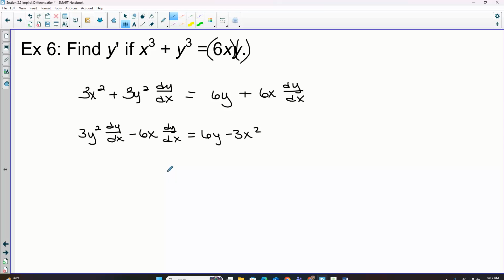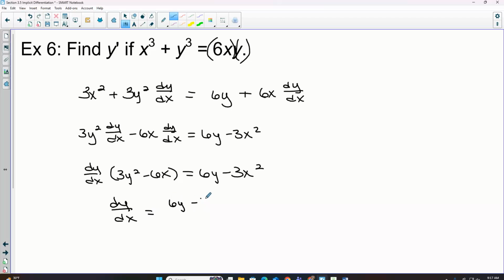Then what would we do? Dy dx. So dy dx is 6y minus 3x squared over 3y squared minus 6x.